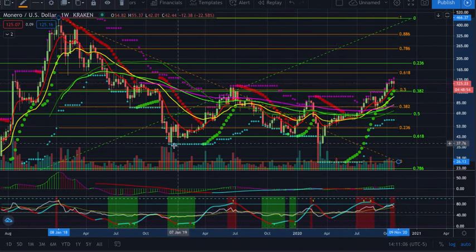The only difference I would say is when we put in that low back here versus the low right here, we actually took out that low based on closes and based on wicks just slightly, whereas Bitcoin, when it came back down, bottomed out just above that area. So this is very close to the Bitcoin chart.